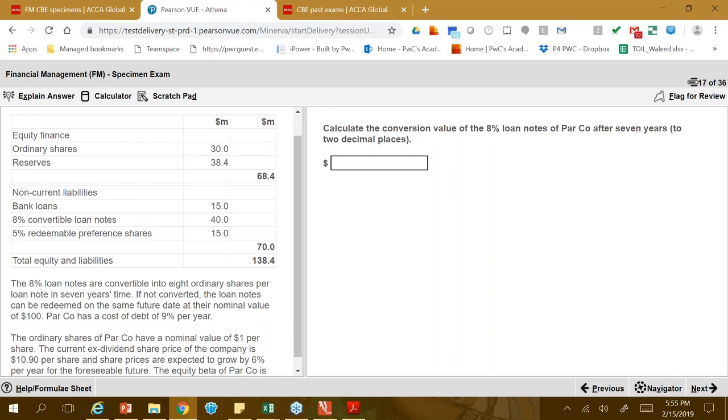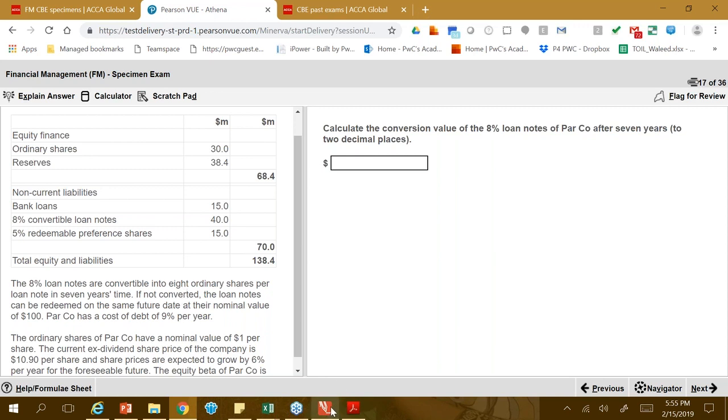So you can do your workings on a piece of paper or the scratch pad given to you in the exam, using a calculator, and then put your final answer in the text box.